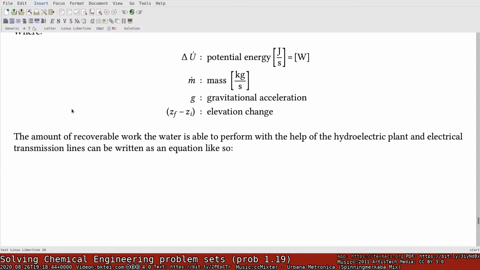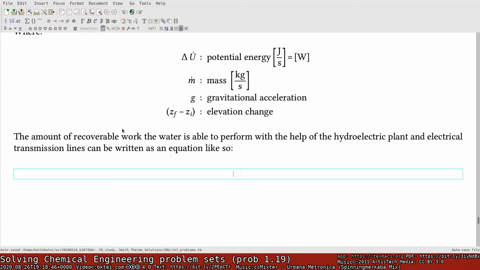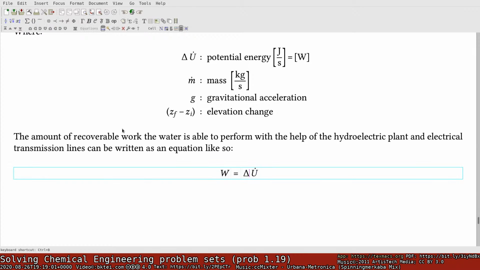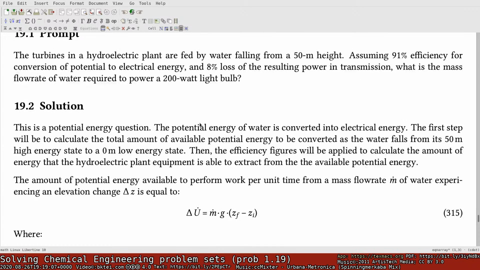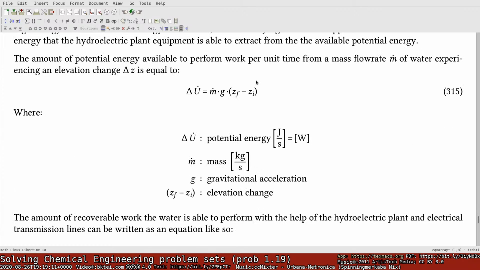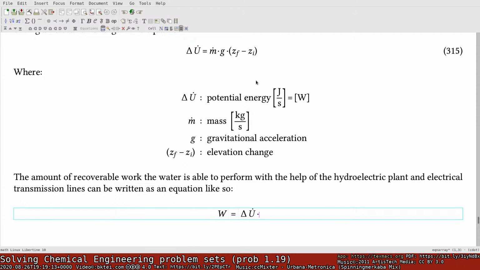Let's go ahead and put an equation in. So the work is equal to the flow rate of potential energy that can be converted, but also times the conversion, the efficiency, 91% and 8%. 91% efficiency.